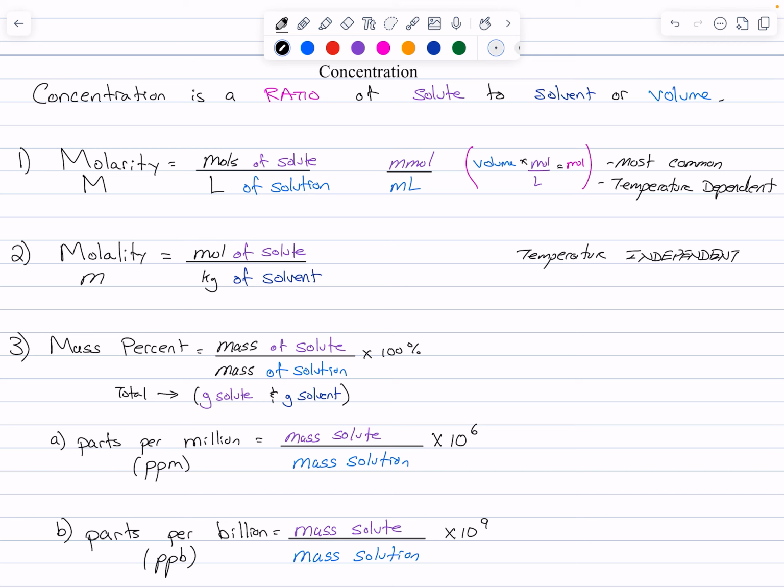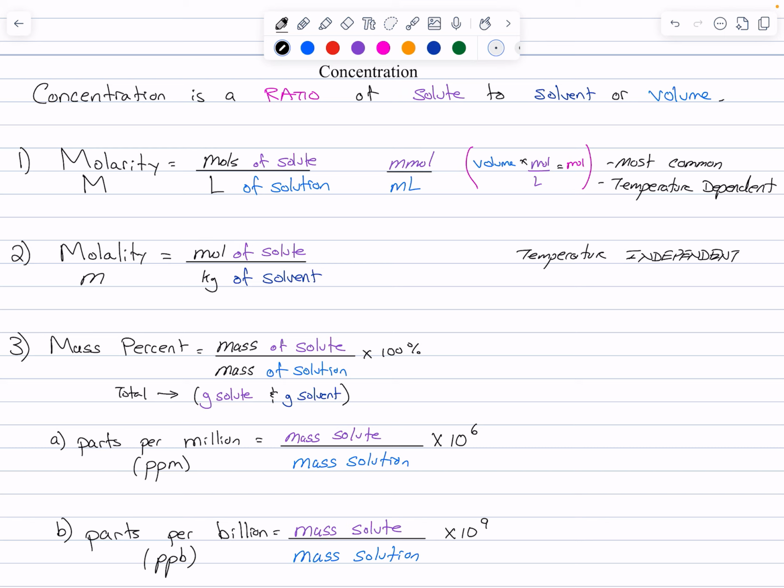When we have low concentrations, a low molarity and a low molality are very much the same number, like 0.05 molar is very close to 0.05 molal. But as you go to 2 molar, 3 molar, 4 molar solutions, your molality is going to be a lot different too.